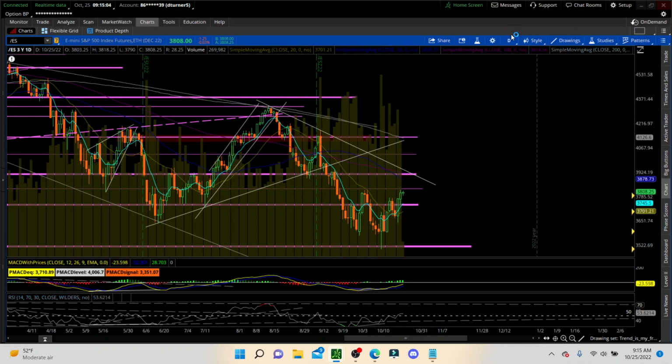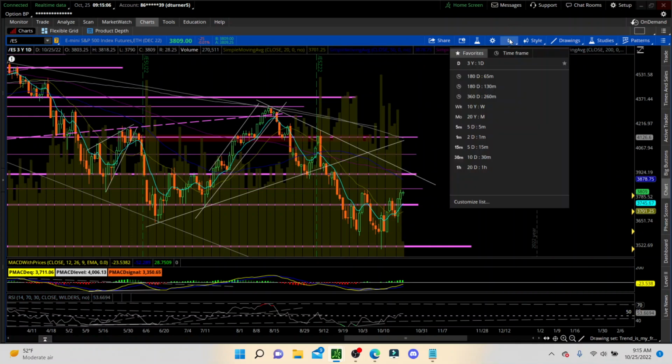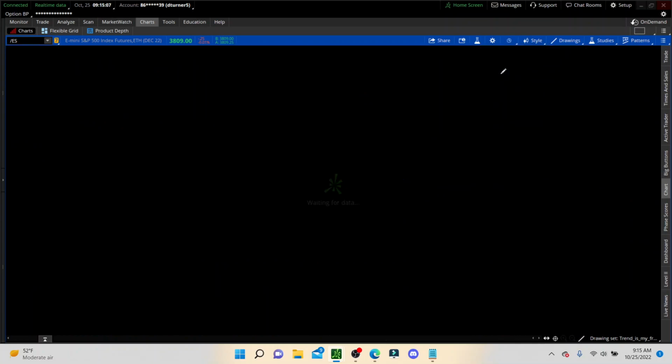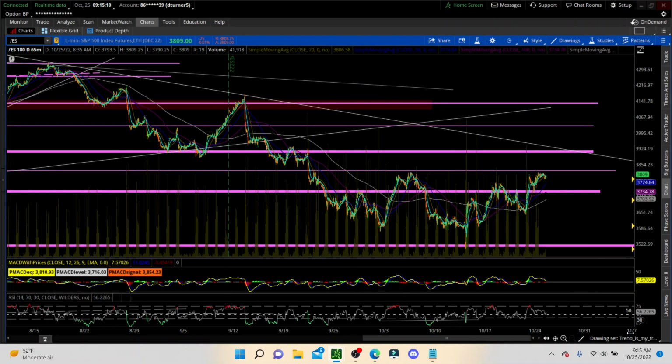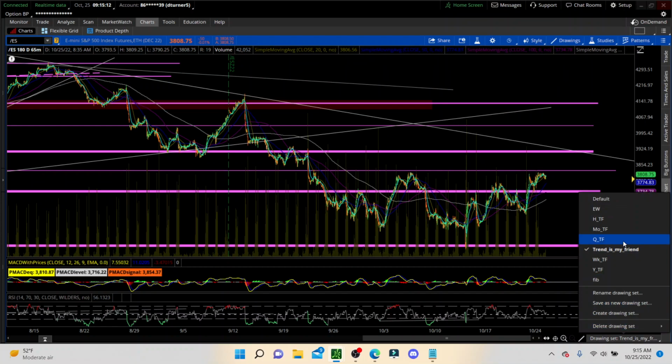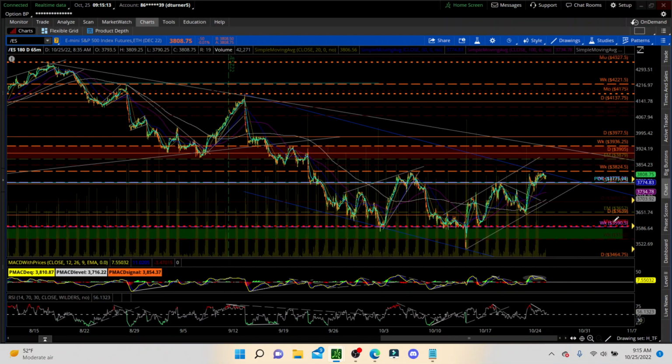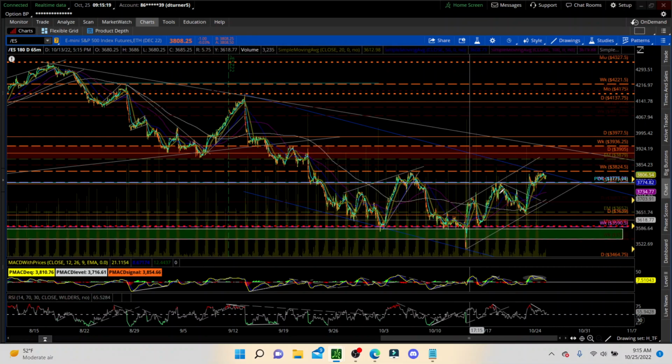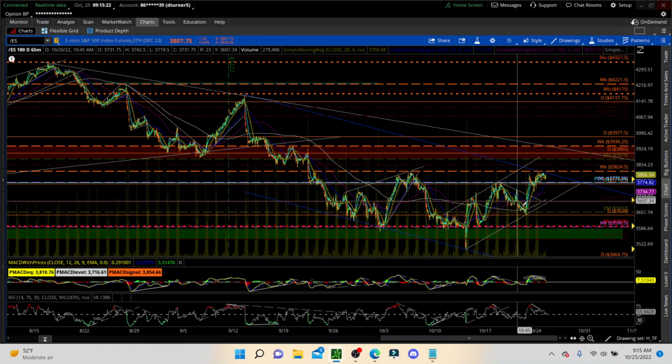But throughout this correction, these are all corrections. Let's go down to the 65 so I can show you in more detail. It's really a bear flag, but it's real ambiguous. You have all this 3-wave action going on.